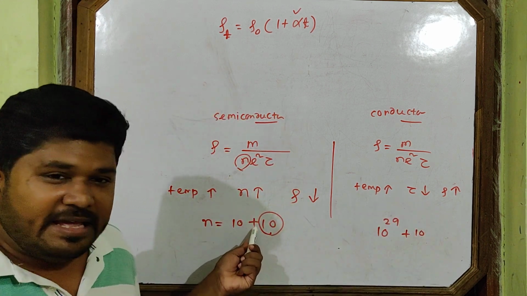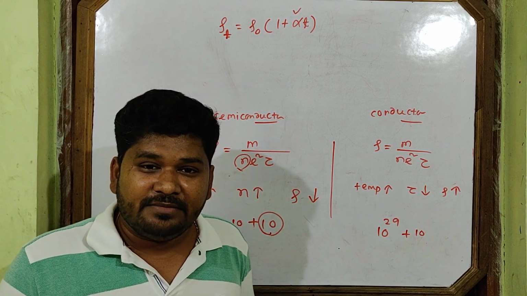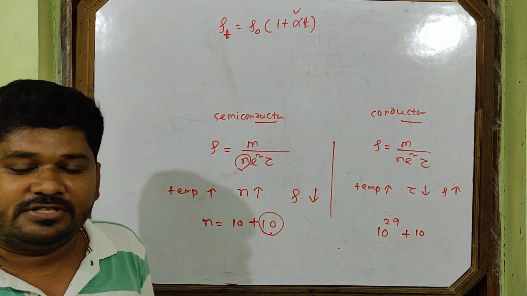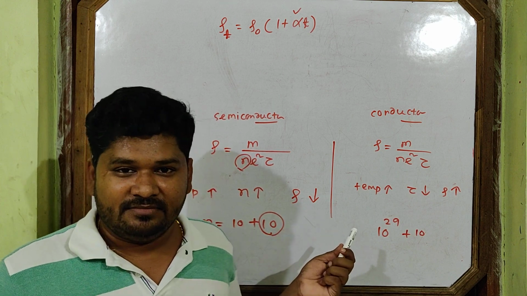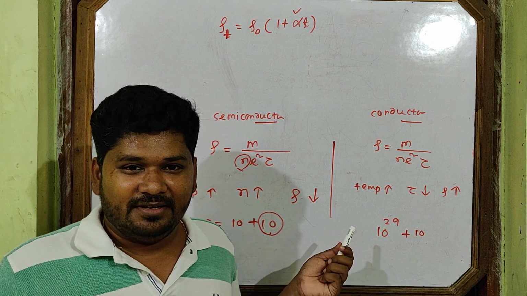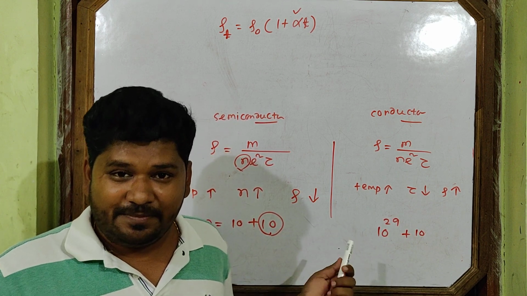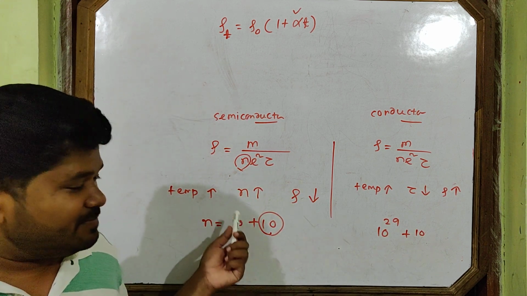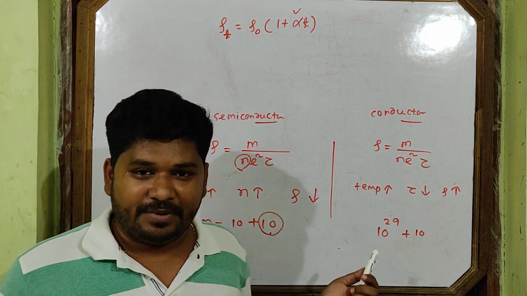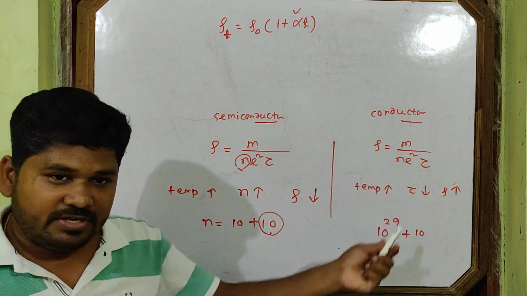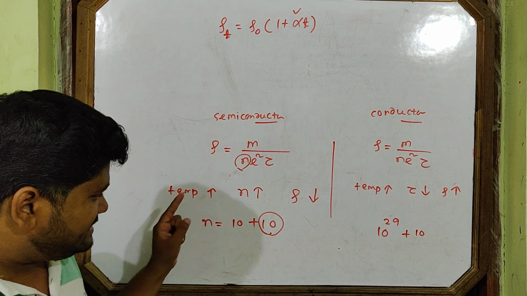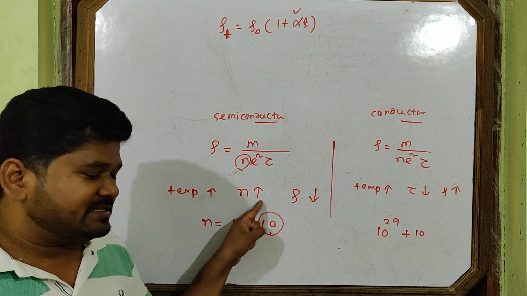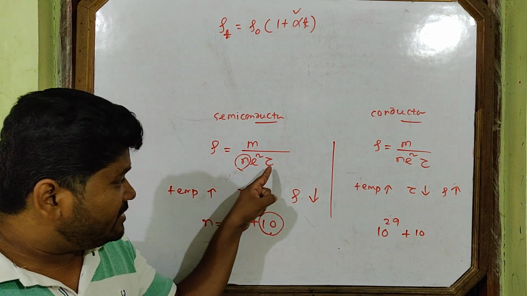Here, speed may increase, but what about collisions? Because that many electrons are not there, with very little traffic, speed may increase but that amount of collision will not happen. So remember this: in a semiconductor, when temperature increases, the charge carrier density increases, which dominates the effect of tau.